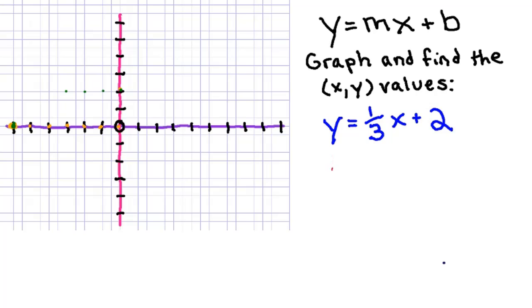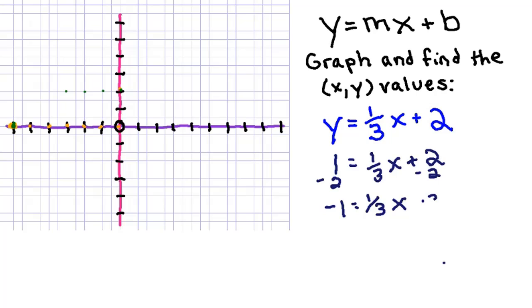So if we plugged in 1 for the y, 1 equals 1/3 x plus 2. Well, we'd have to subtract the 2 from both sides. So that gives us -1 equals 1/3 x. And then we have to multiply by 3 on both sides.